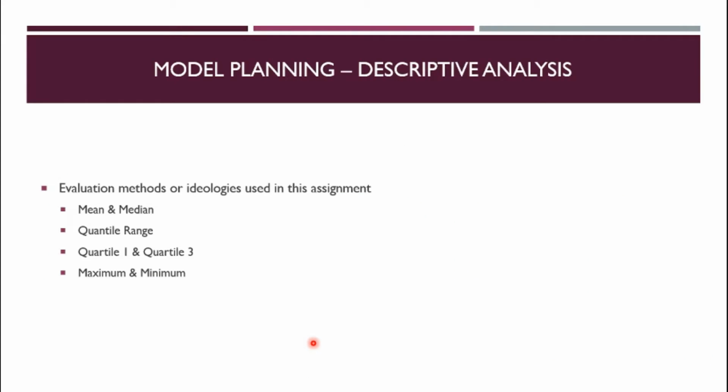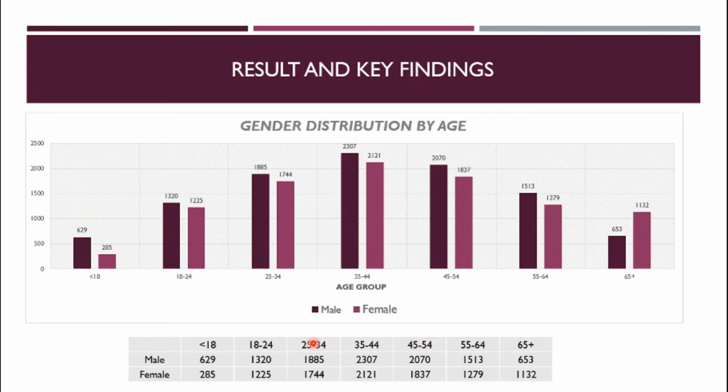Now, model planning. As discussed before, we use descriptive analysis to evaluate our method, such as mean, median, quantile range, which includes quantiles 1, 2 and 3, and maximum and minimum. The results and key findings: according to the gender distribution by age, males outnumber females except in one age group, 65 and above, where females outnumber males.